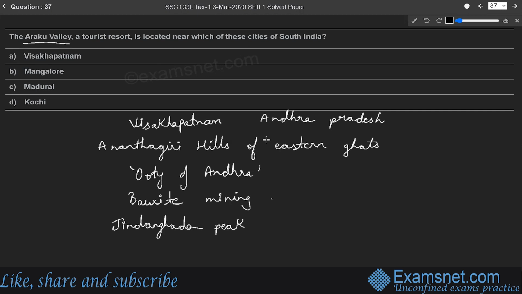And it is also famous for the well-known Bora Caves. I hope you have heard this term, Bora Caves. It is a very popular term. So for this question, the correct answer will be option 1, because Araku Valley is a hill station that is located in Vishakhapatnam district of Andhra Pradesh. So the correct option for this question will be option A. I hope you are clear with this question.